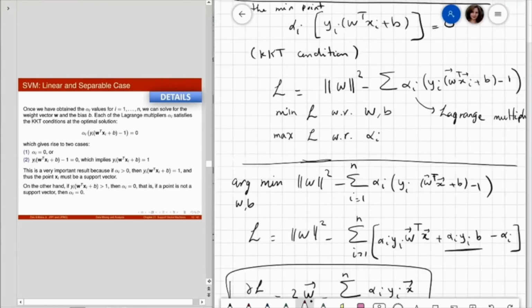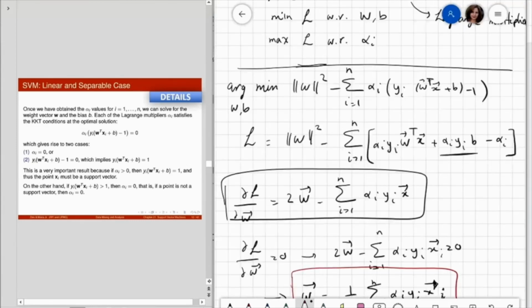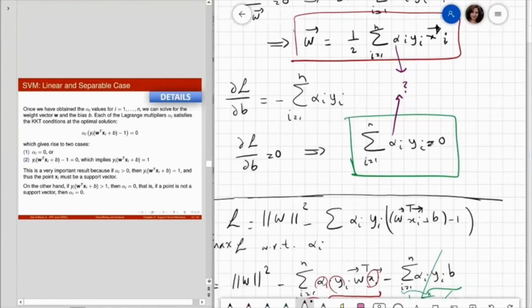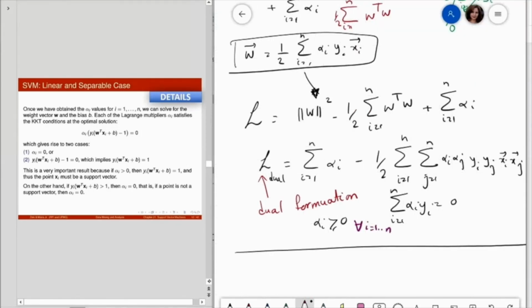We want to separate all of our data points, so we want to make sure that for all of them we have this constraint. For each of them, we created a Lagrangian multiplier. So we need to learn at least order of n parameters to be able to find W and b. It means that we have to go over all of our data points. It's a little bit daunting, right? How can we solve that?